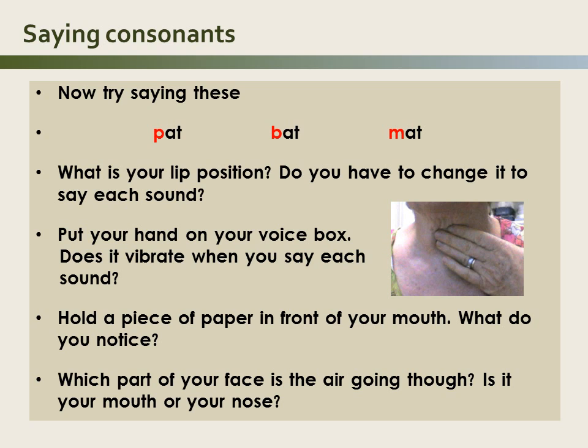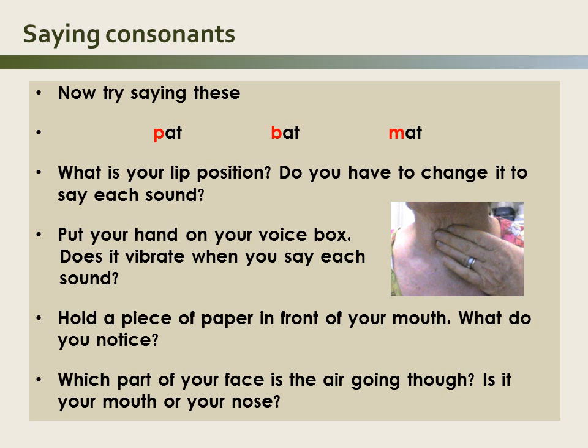Well, you probably noticed that your lip position is actually the same for all three sounds. You don't have to change anything in terms of your mouth and lip position to make these sounds. They're all made with the lips placed together.